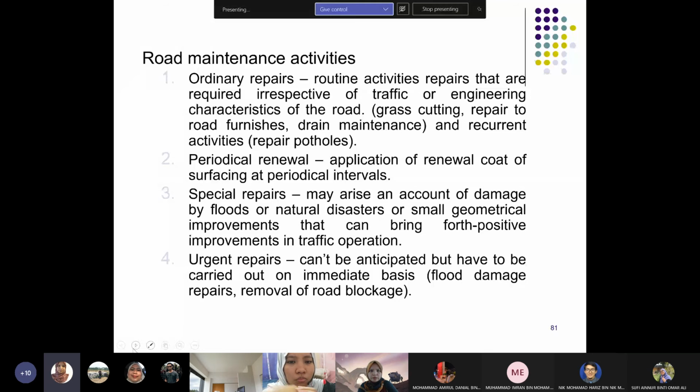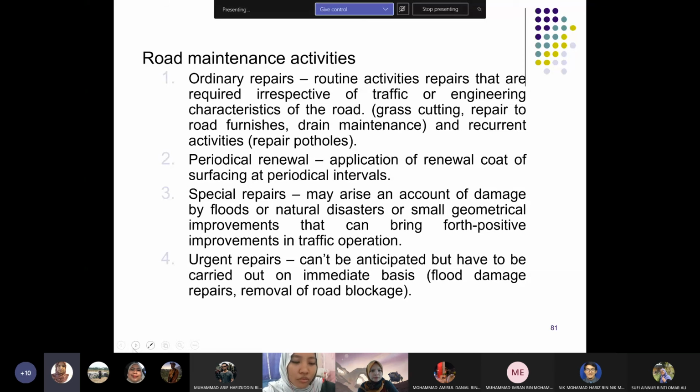So they can go for renewing the coating, right? And then they go for number 3, spatial repair. This is especially bila ada disaster. Macam dalam keadaan sekarang hujan kan. Okay, kalau ada jalan-jalan yang rosak ni, they go for special repair. Yang ni kena go ad hoc lah. You cannot still retain, you cannot still force it to stop ke whatsoever, no.